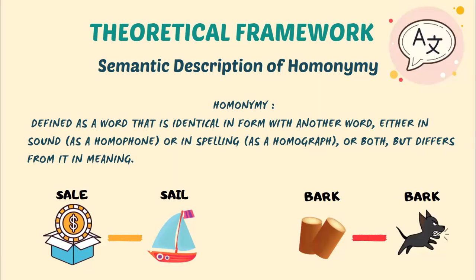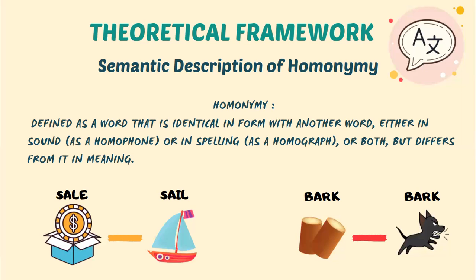Wind, the noun from air that moves quickly, and wind, the verb to twist something. Bow, which is to bend, and bow, which is a weapon used for shooting arrows. And there are hundreds of other heteronyms. We could classify heteronyms as absolute homonyms.